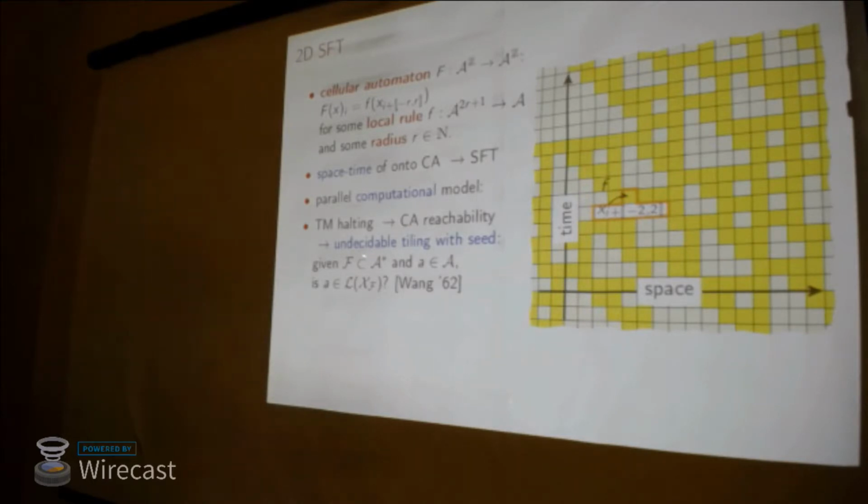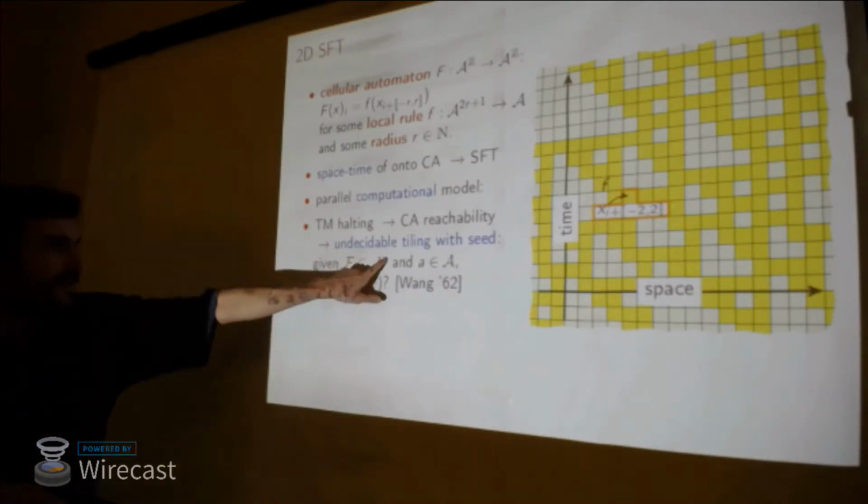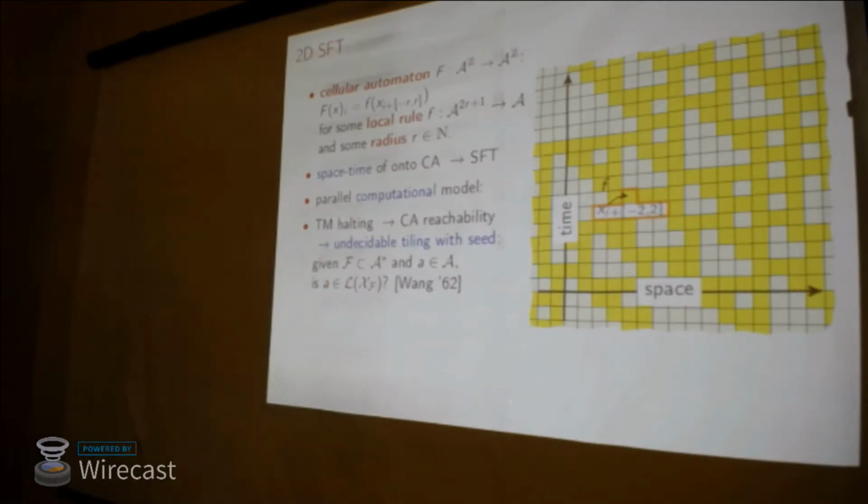Given a set of forbidden patterns, sorry, this should be a double star, a set of two-dimensional forbidden patterns, or equivalently a set of Wang tiles, and given a specific tile of the alphabet, can I extend this tile into a valid configuration? Or said differently, is this tile in the language?